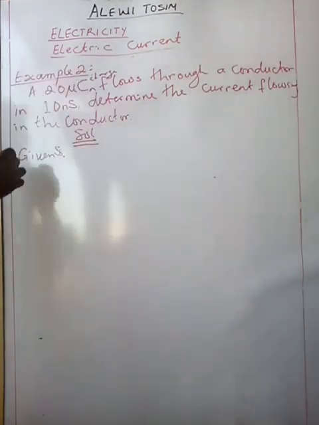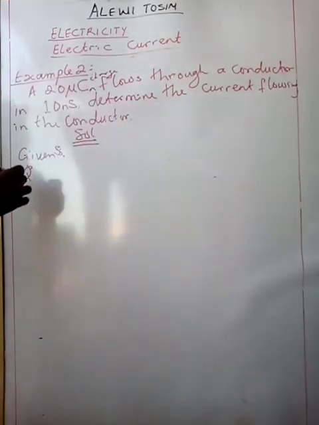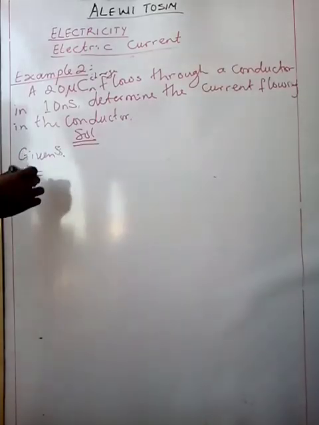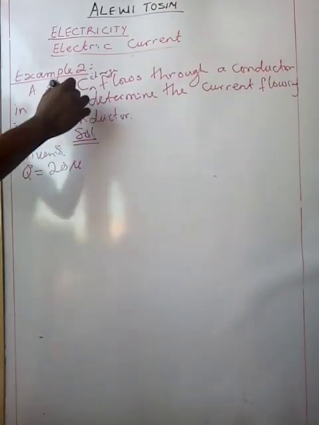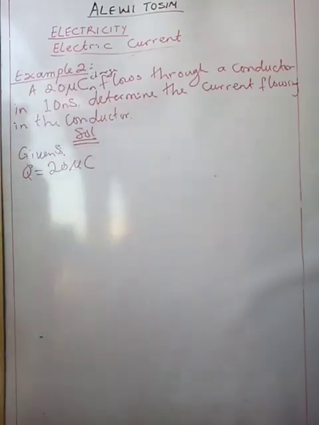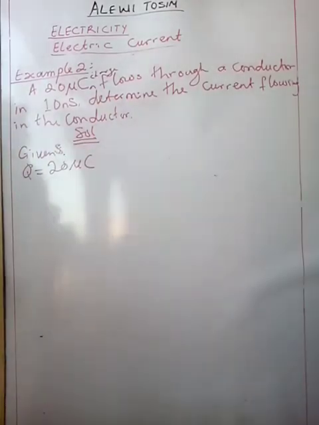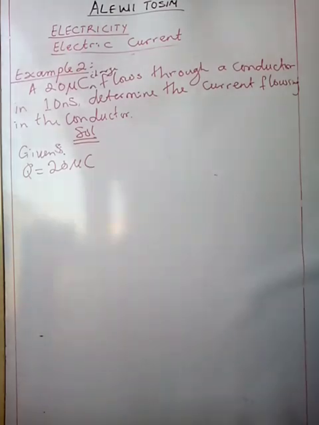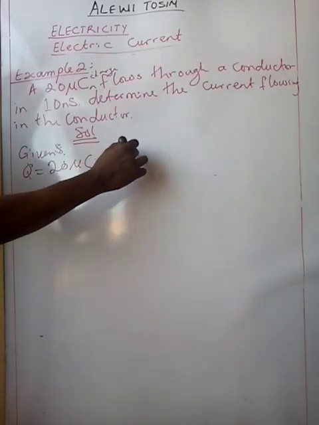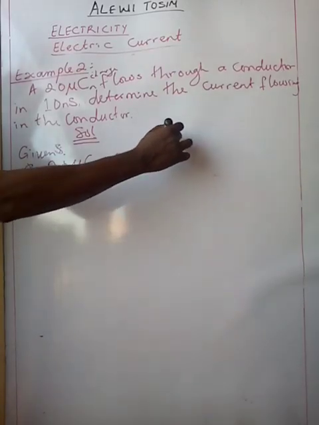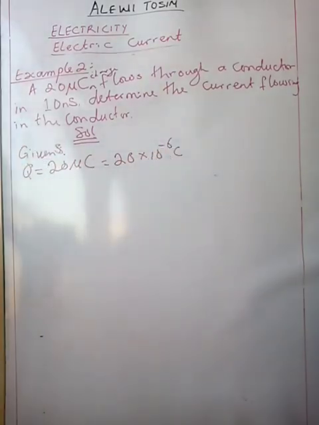The quantity of charge is given as 20 microcoulombs. We have to convert it from microcoulombs to coulombs, because the coulomb is the SI unit for quantity of charge. So it will be 20 times 10 raised to the power minus 6 coulombs.